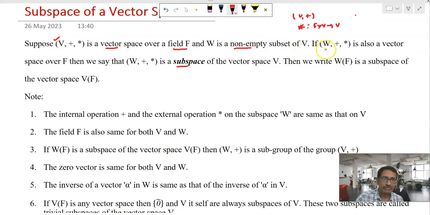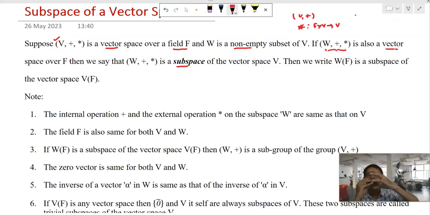As we discussed, subset means set within a set, subgroup means group within a group. So similarly, if W is a vector space over F, that means W is also a vector space within the vector space V, because already V is a vector space and W is its subset.